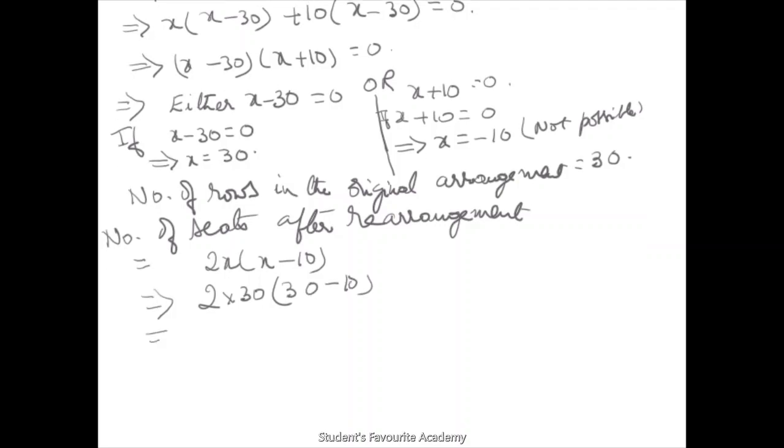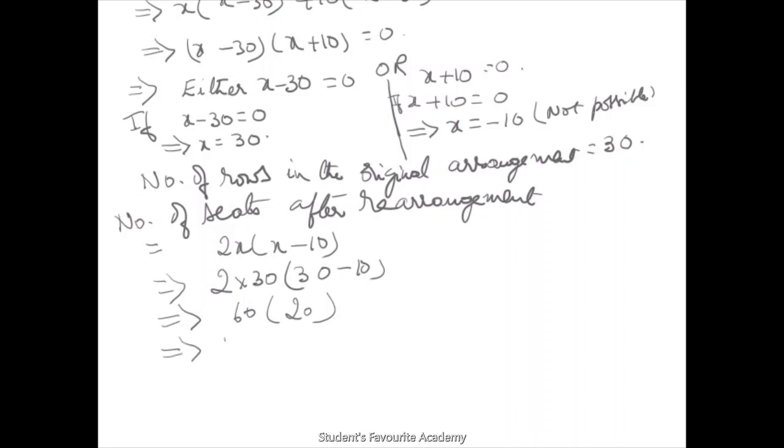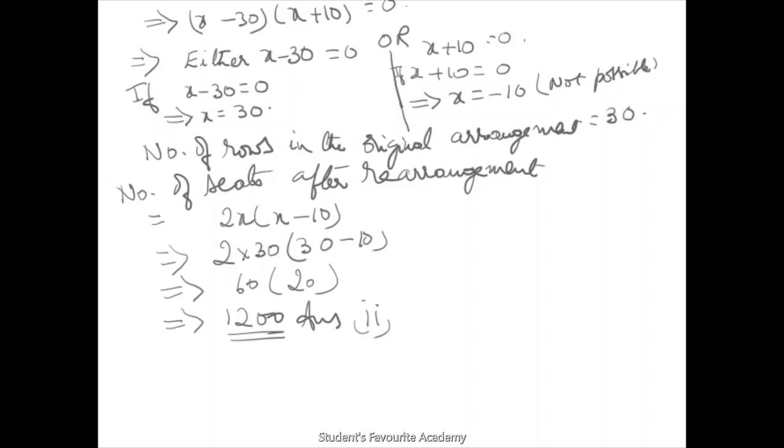Okay, this implies 60 into 30 minus 10 is 20. So 6 2s are 12, 0 0. So 1200 is the answer 2, that is number of seats after the rearrangement. Number of rows in the original arrangement is 30, this is your answer 1. And number of seats after rearrangement is 1200, this is your answer 2.